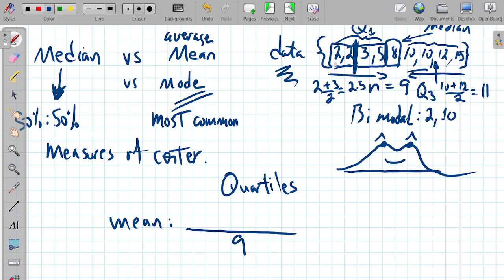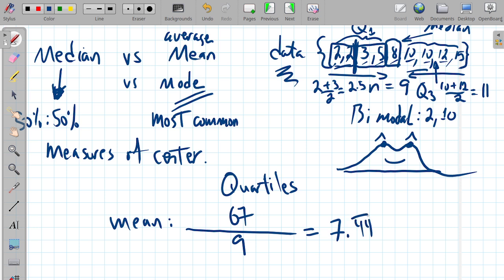So we have 2 and 2 is 4. And 3 is 7, and 5 is 12, and 8 is 20, 30, 40. Here's 52, 62, plus 5 is 67. So what's our average value? Well, 9 times 7 is 63, so it'll be 7 and 4/9, which is 7.44.